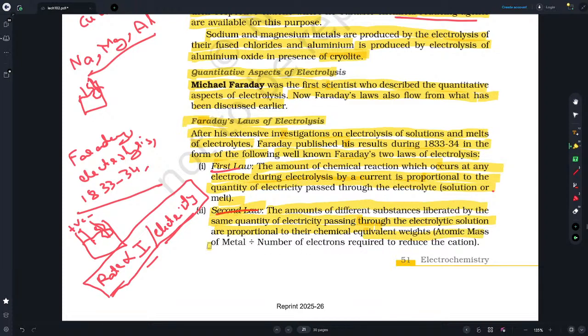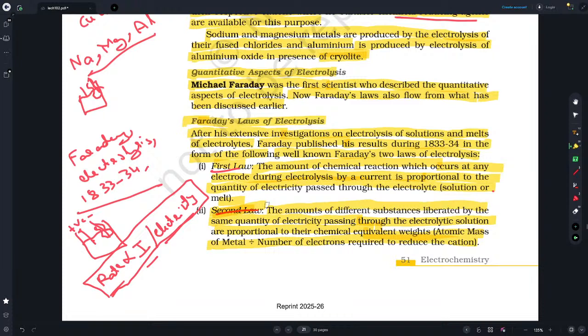That is, atomic mass of metal divided by the number of electrons required to reduce the cation.